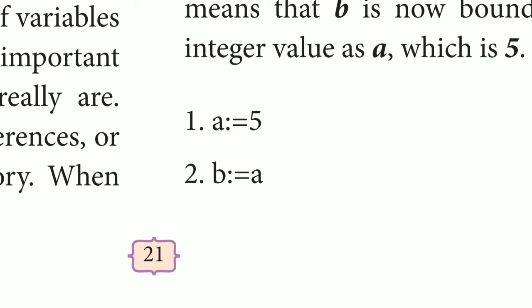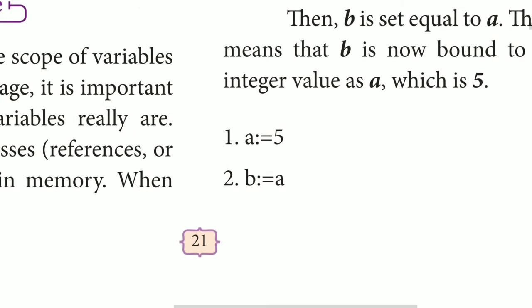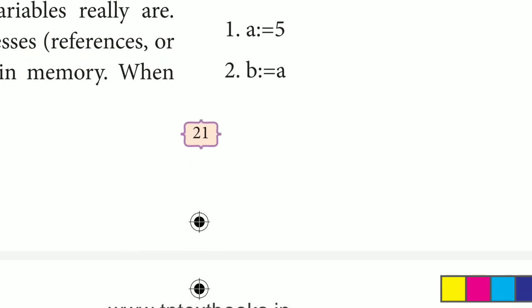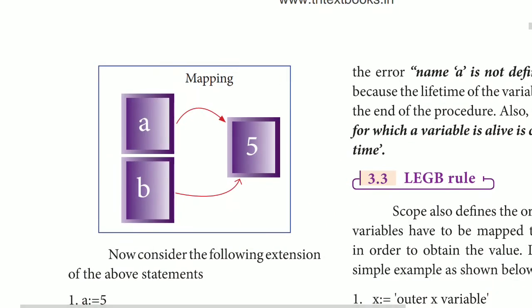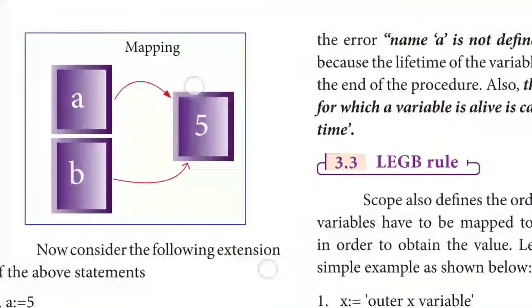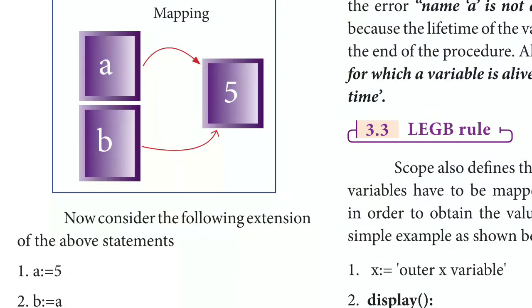So if you access b, then it will be the value 5, not a. This is a way of providing values to the variable. So this is mapping. Here you can see that a equals 5 and b also equals 5.